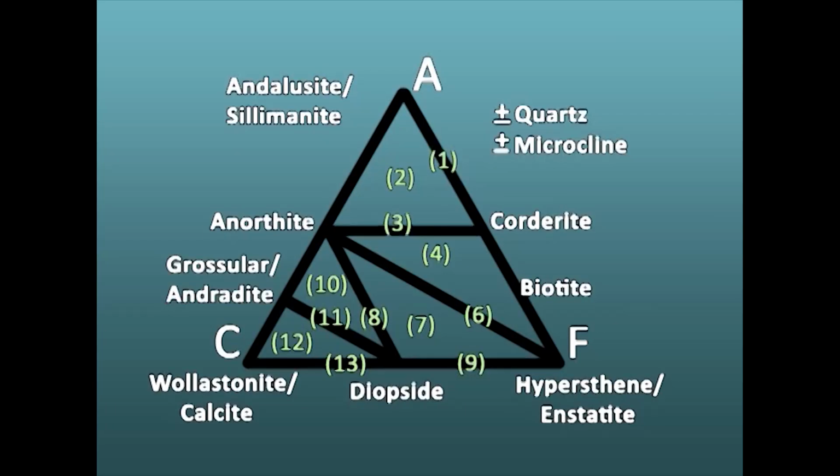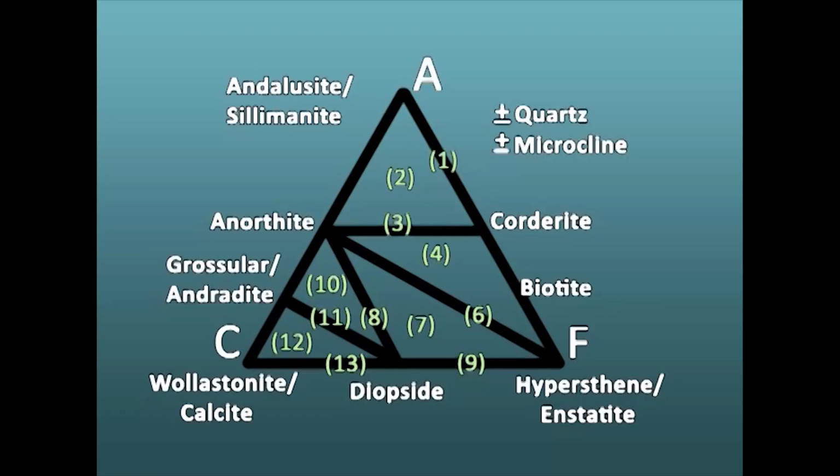ACF diagrams. Eskola in 1915 proposed the ACF diagram as a way to illustrate metamorphic mineral assemblages on a simplified 3 component triangular diagram. He concentrated only on the minerals that appear or disappear during metamorphism, which also gives an idea about the grade of metamorphism.